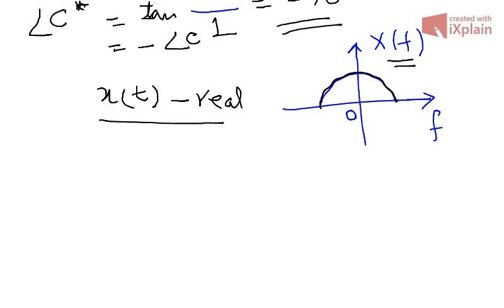A real low pass signal would have the magnitude response located near 0 on the frequency axis, which means that these frequency components with these magnitudes can make up your X of f.